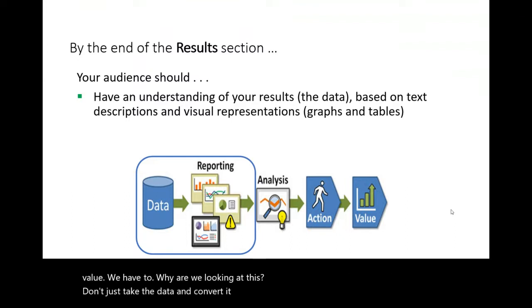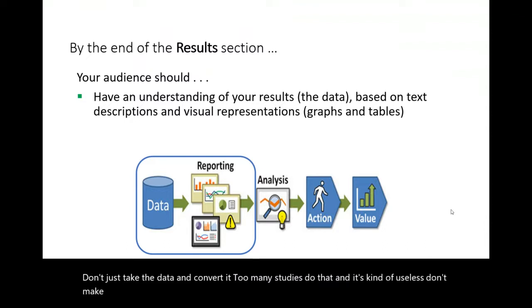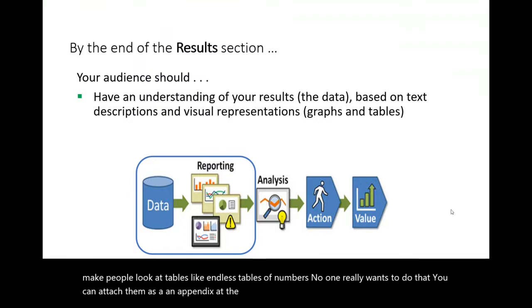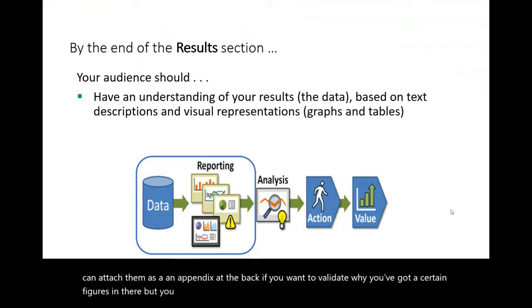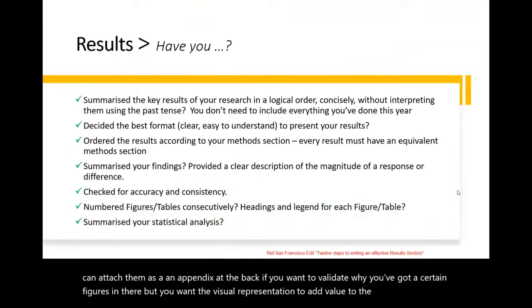Too many studies do that, and it's kind of useless. Don't make people look at endless tables of numbers. No one really wants to do that. You can attach them as an appendix at the back if you want to validate why you've got certain figures in there, but you want the visual representation to add value to the report.